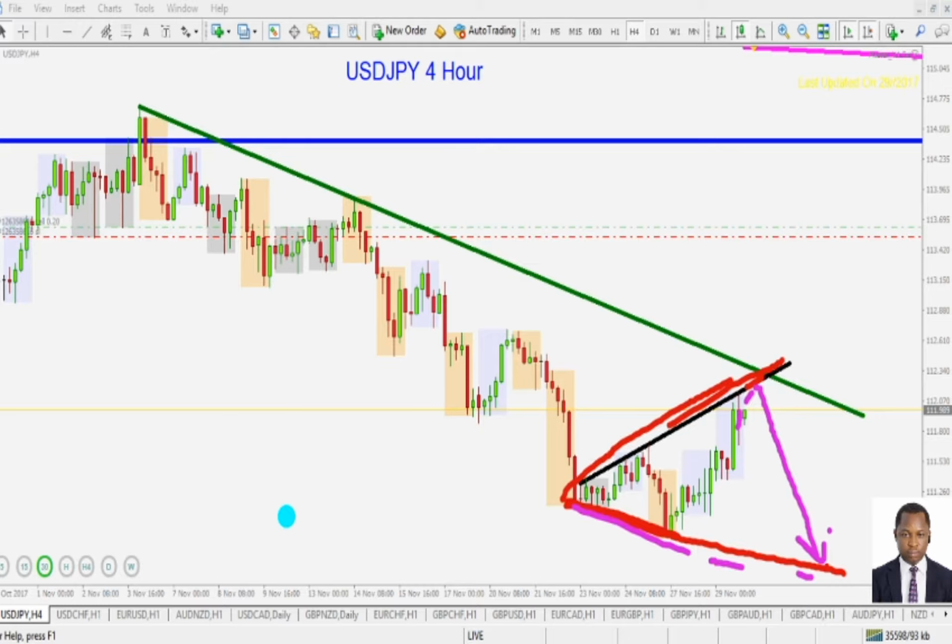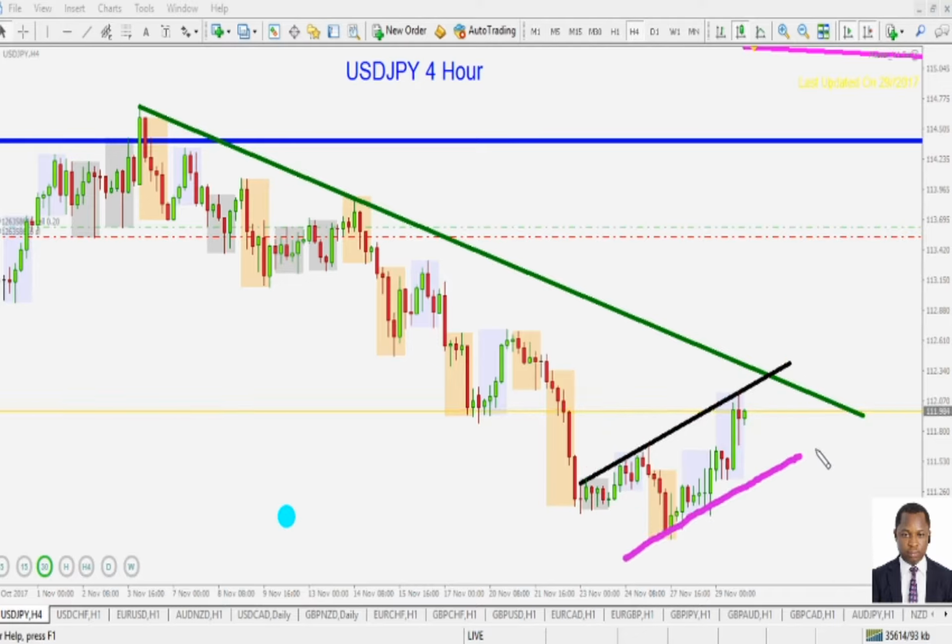Okay, so at any rate, if it is an expanding triangle, price is likely to be seeing resistance here to turn around to come back down. If it is a standard channel, price is also likely to see resistance here, and this type of channel indicates a bearish move. Okay, indicates that price is only taking a breather and is likely to push to the downside.